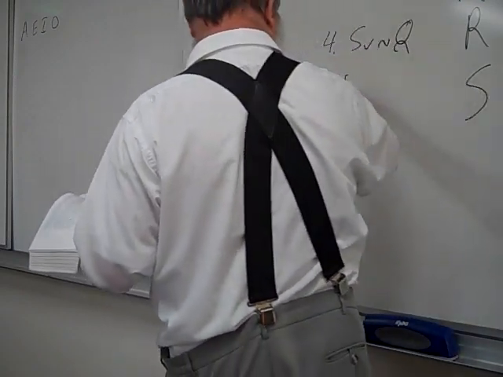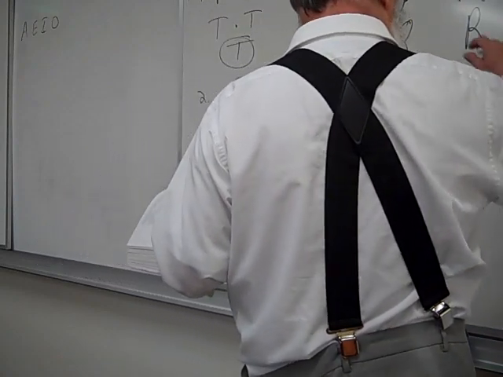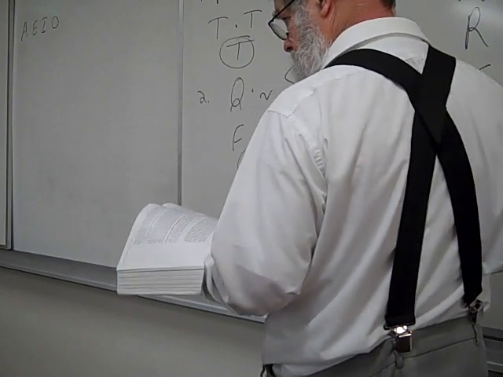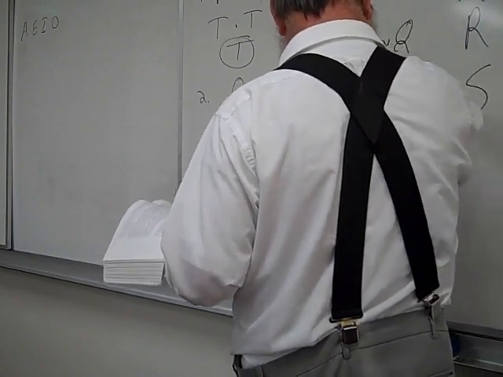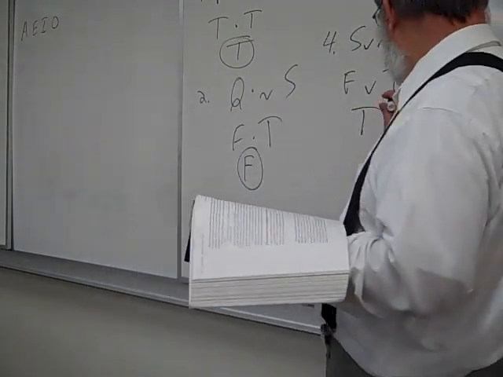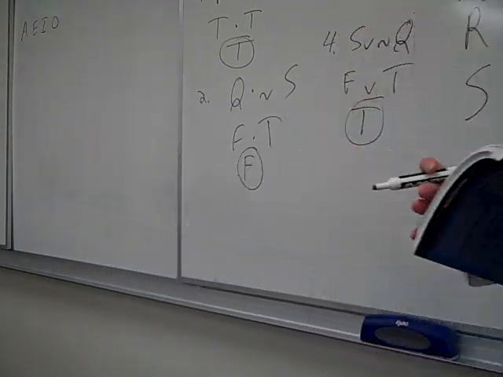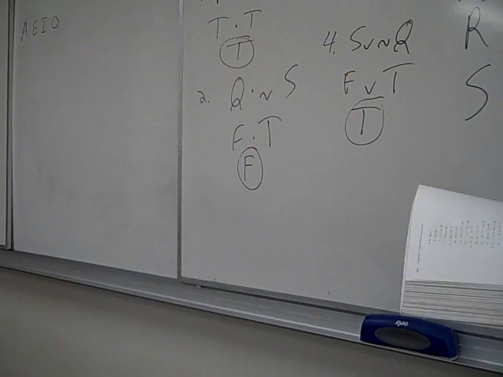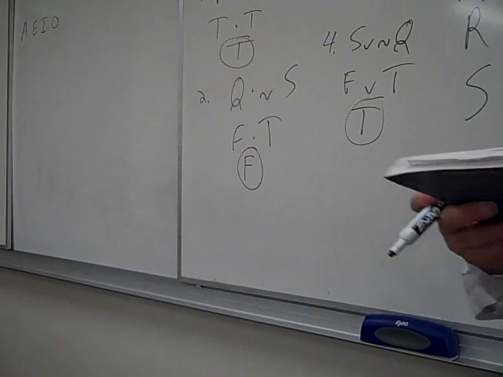S is false or not Q, which would be true, right? Because Q is false, so not Q would be true. So false or true, so number 4 is true. So that's how to do those, because he's already giving you the truth value for all of them.